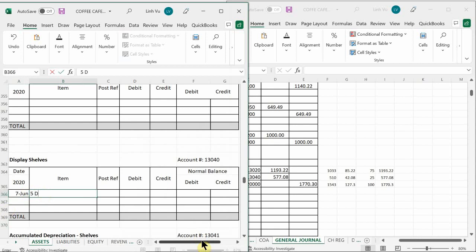So 5 shelves at $102 each, equaling $510, plus 8.25% tax, which was a total of $42.08, plus $25 shipping.